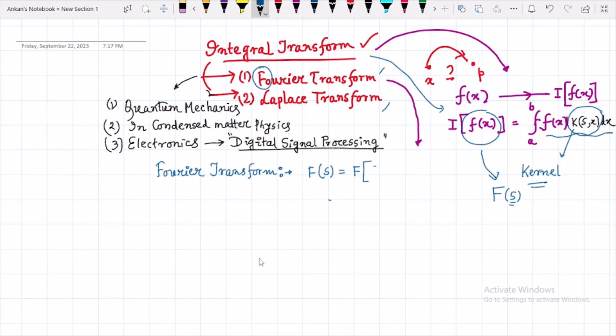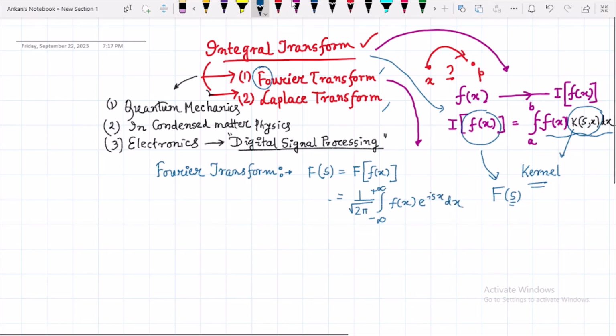Fourier transform of f(x), it means this is nothing but this, this, and this. Many questions will come to your mind, that why it is necessary to multiply this factor, and this is applicable to the limit minus infinity to plus infinity.